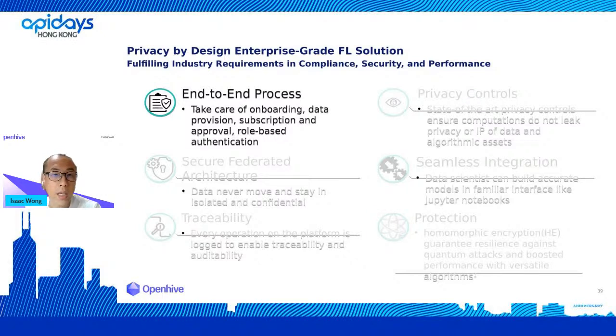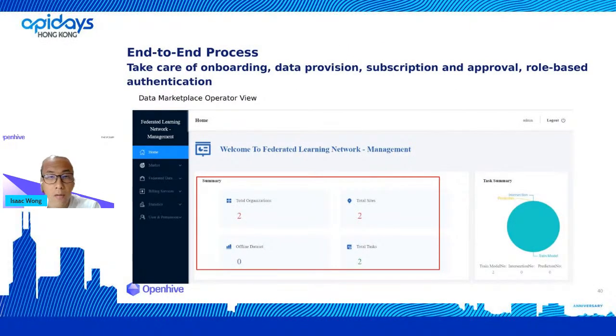So we need to take care of those peripheral processes like onboarding, data provisioning, data subscription approval, and role-based authentication as well. For example, from the interface, you can see that we have visualizations to show the structure or organization of such a federated learning network, telling how many sites are participating and how many data sets are available.